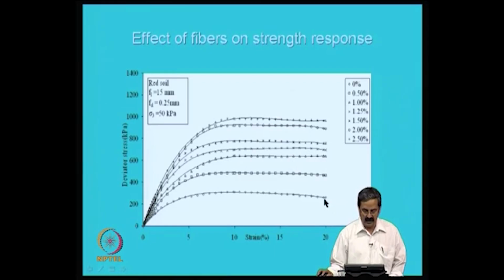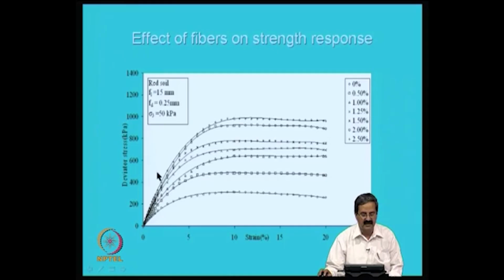It increased from about 220 to 1000. It is a very good improvement in both strength, which is the ultimate value you get, and stiffness, which is given by the tangent of the curve. You can see a good difference in both cases. This is what we need in many applications.